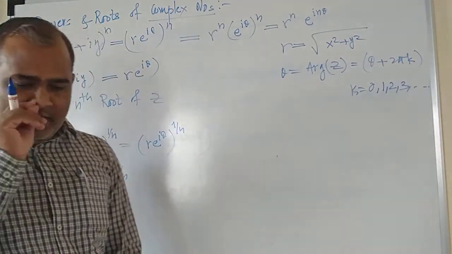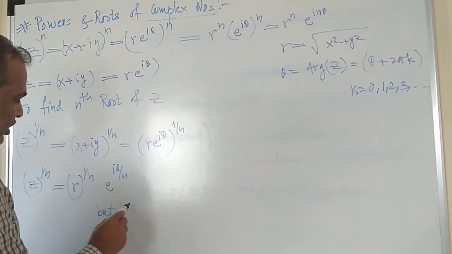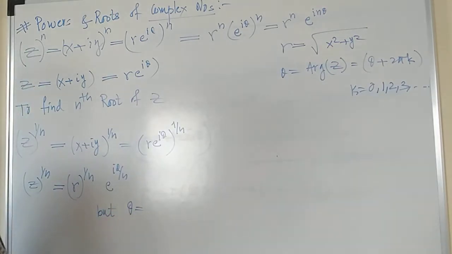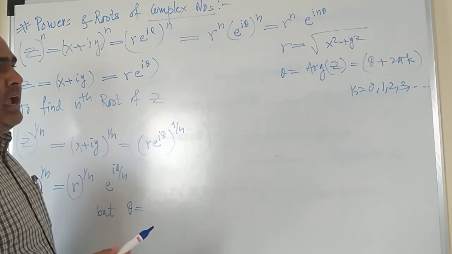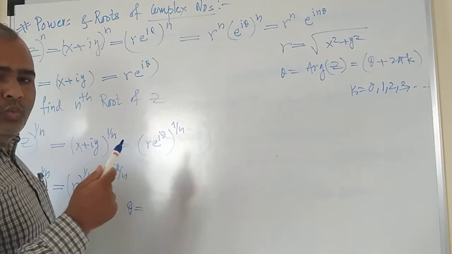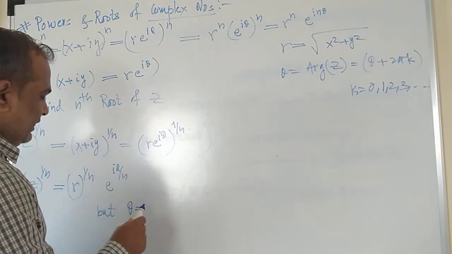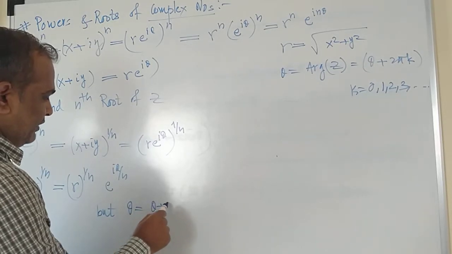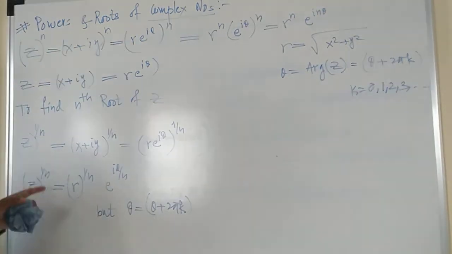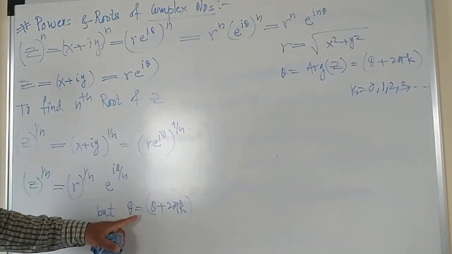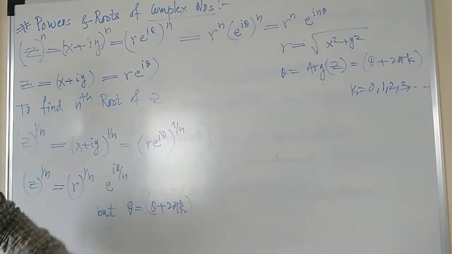Clear? But here the problem is that the value of theta is not constant. The value of theta depends upon k, and for one complex number there are multiple values of argument, and therefore theta is equal to theta plus 2 pi k. So while calculating the nth root, you should always consider the argument in terms of theta plus 2 pi k.